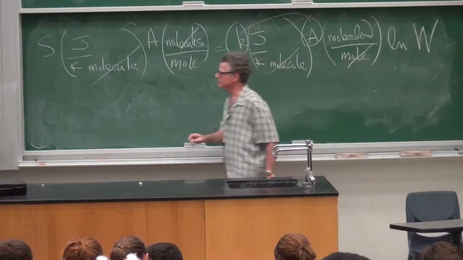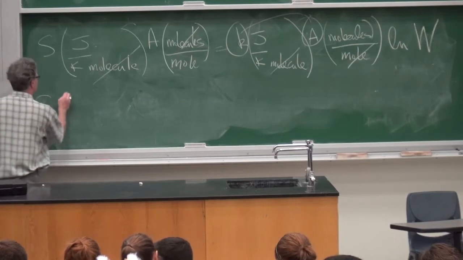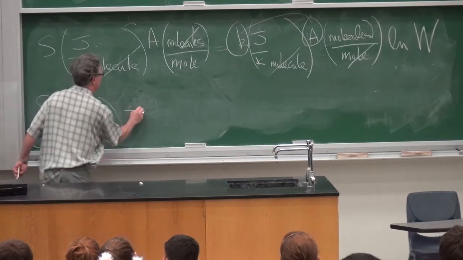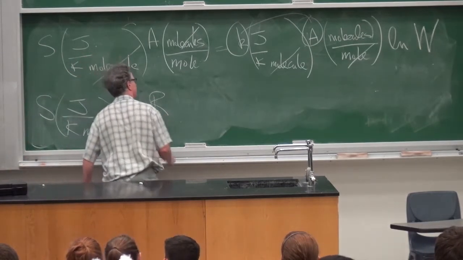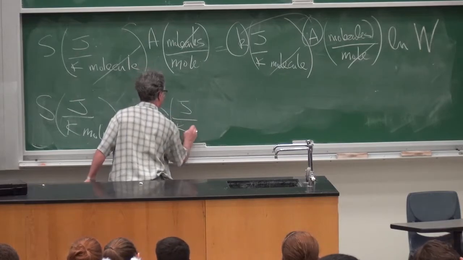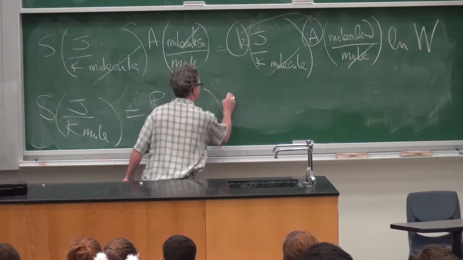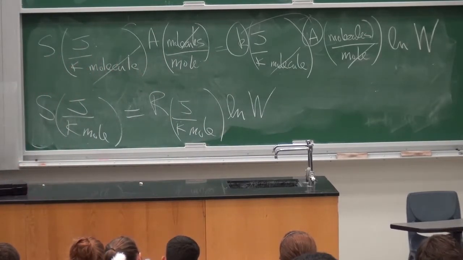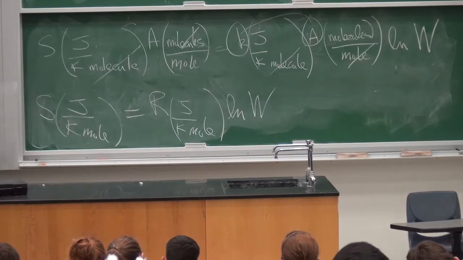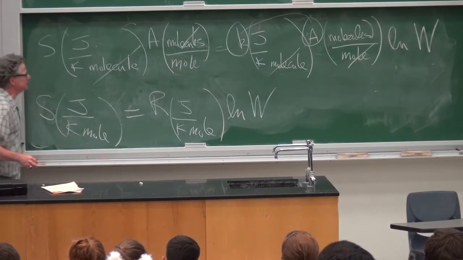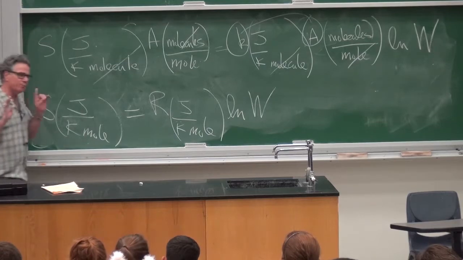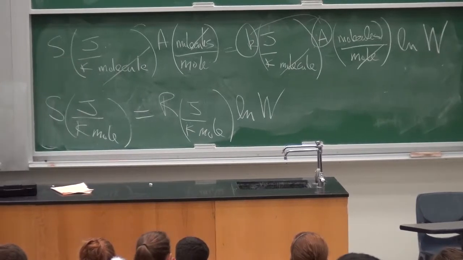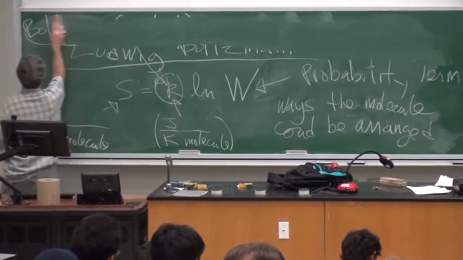That's R. So another way to write Boltzmann equation, joules per Kelvin per mole, is R, joules per Kelvin per mole, times log W. So now I took Boltzmann's famous equation and I put it on a per mole basis rather than a per molecule basis. And the reason I did that was to pose this question.